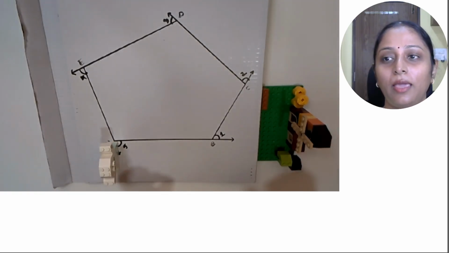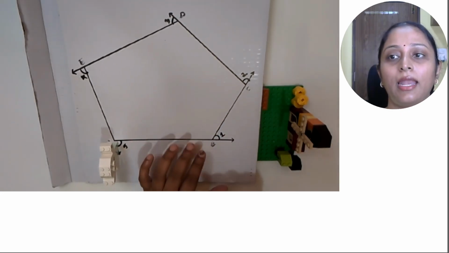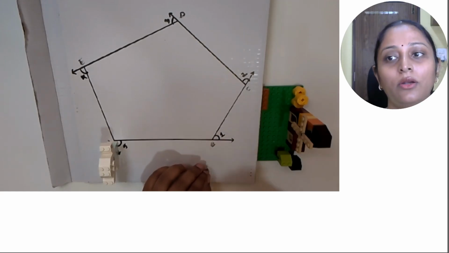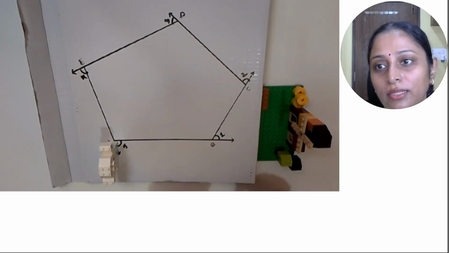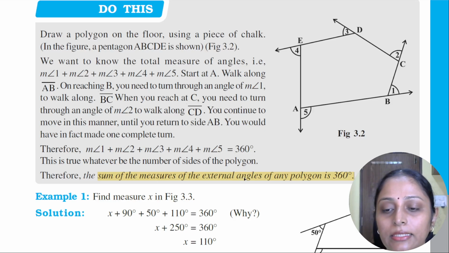I go along the polygon, however many sides the polygon has, and I would have made only one rotation, not less than that, not more than that. So that is the result: the sum of the measures of the external angles of any polygon is 360 degrees.